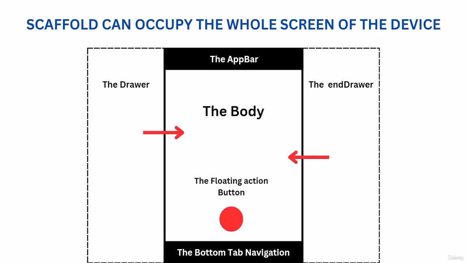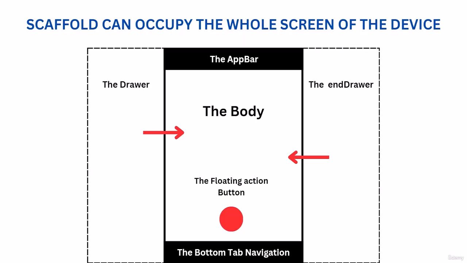On both sides of the device, the first one is the drawer. If you click on the screen, you will have a drop-off menu from the left-hand side of the screen.